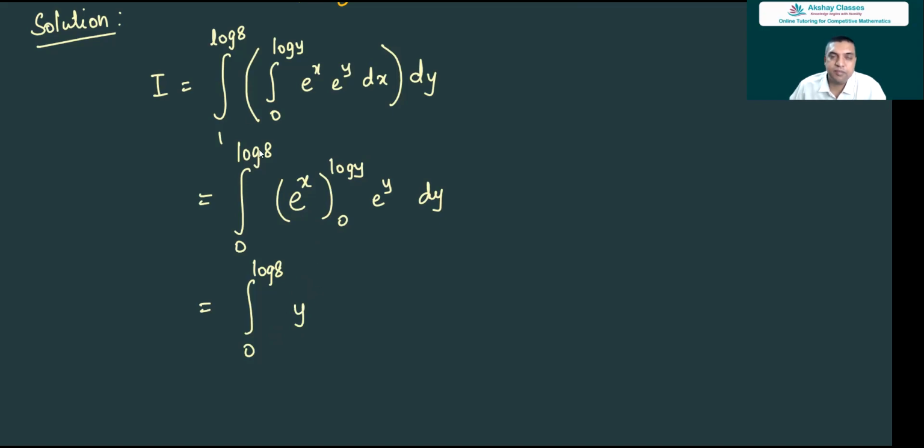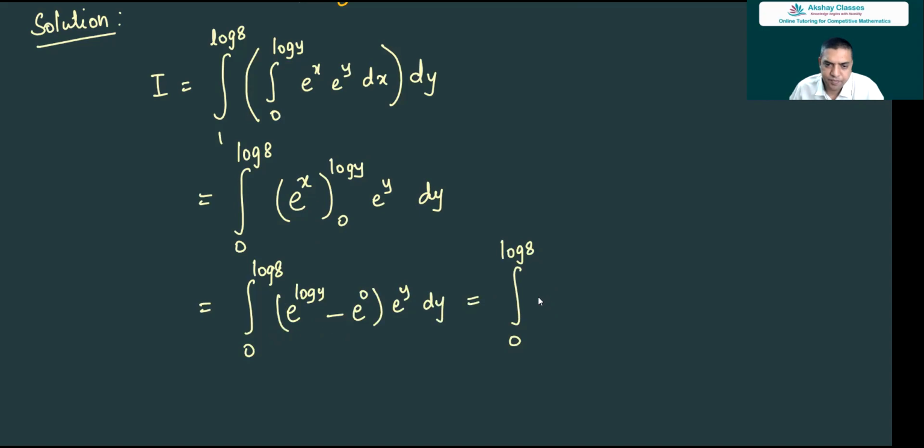This is e power log y to the base e minus e power 0, times e power y dy. So this is 0 to log 8, y minus 1 times e power y dy.